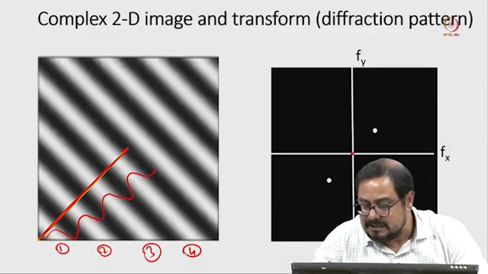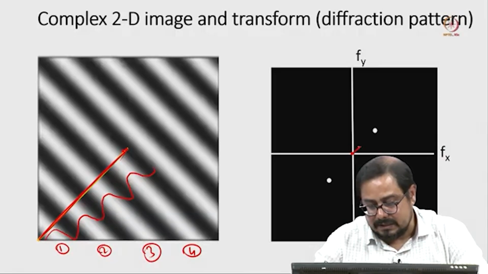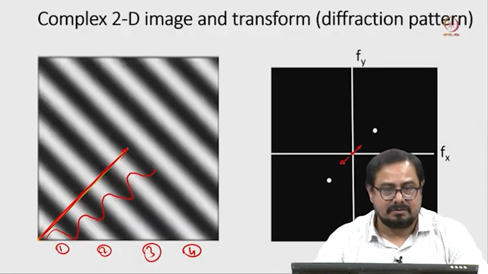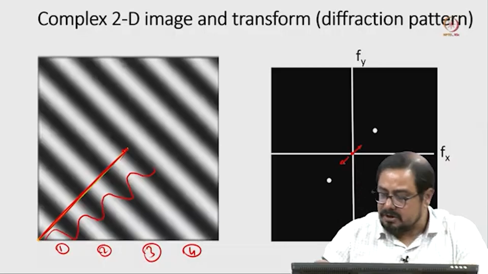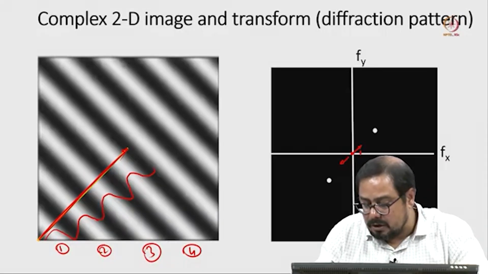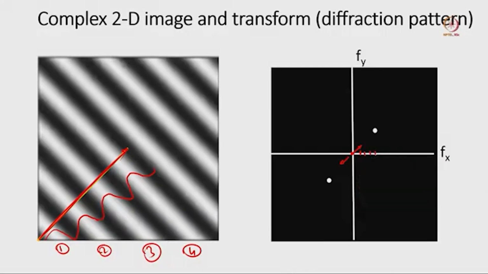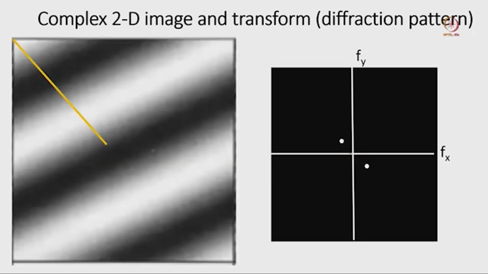If we consider this as x, the direction will be this and this. Based on the frequency, we count 1, 2, 3, 4. So one spot will come here and one spot will come here, and the central part will be a large white bright spot.